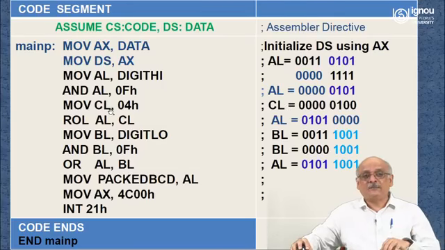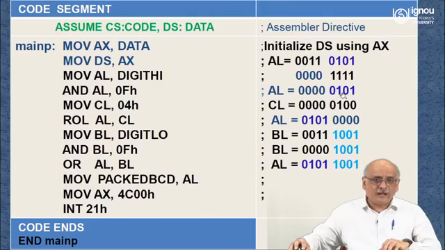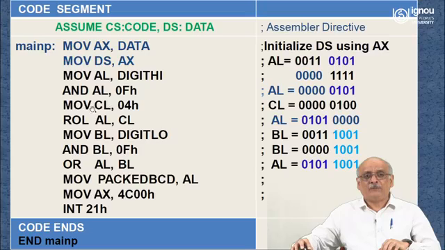How many times do I have to rotate? I have to bring this whole thing, so 1 rotation, 2nd rotation, 3rd and 4th. So, 4-bit rotations are required. We move CL with 4, the counter with the value 4, and we rotate left AL by the value 4, which is CL, right? So, we rotate it by 4.